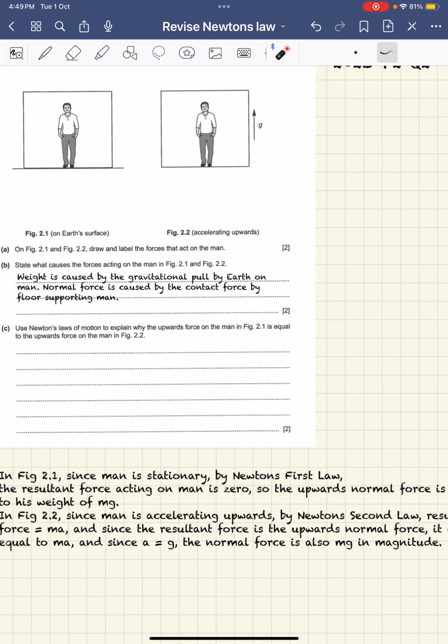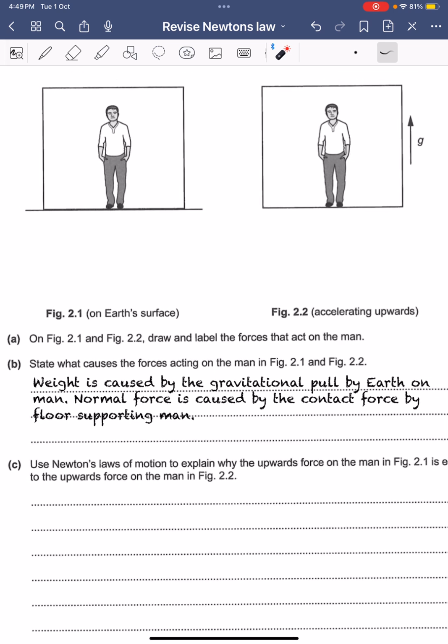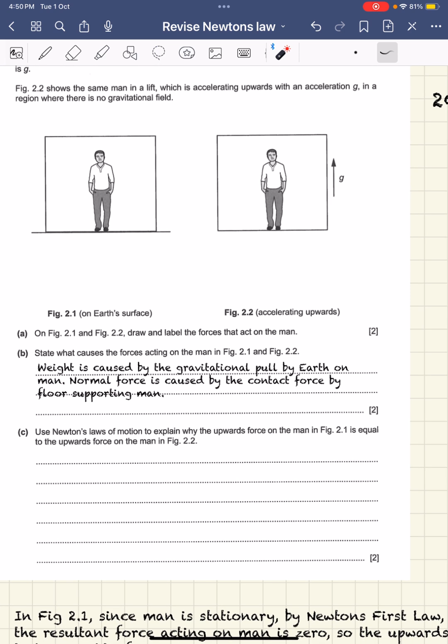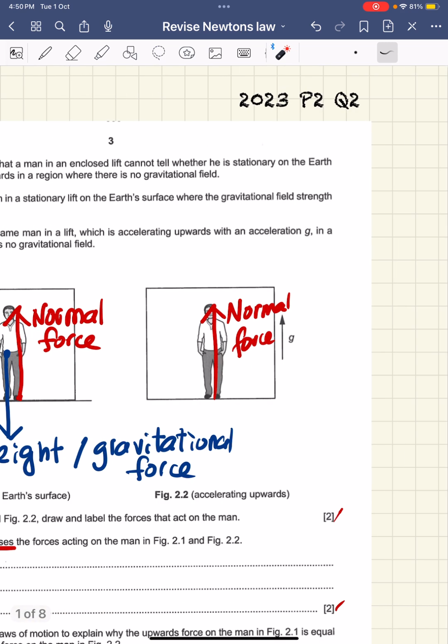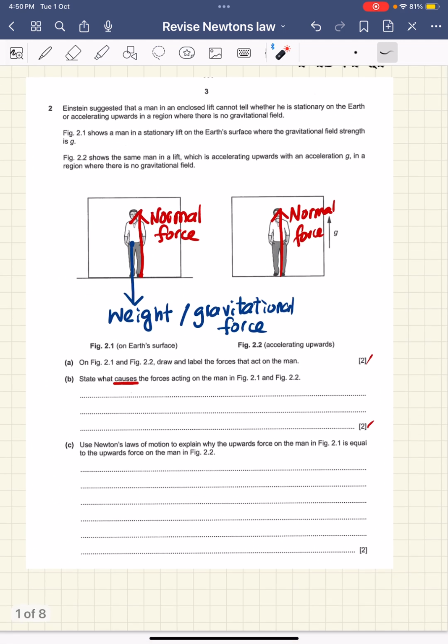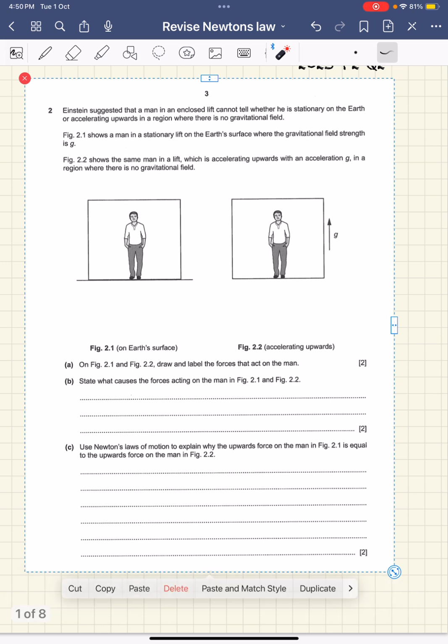So part B just needs you to say weight is caused by the gravitational pull by Earth on the man, and the other force, the normal force, is caused by the contact force by the floor supporting the man. That's all that is needed for the second part.